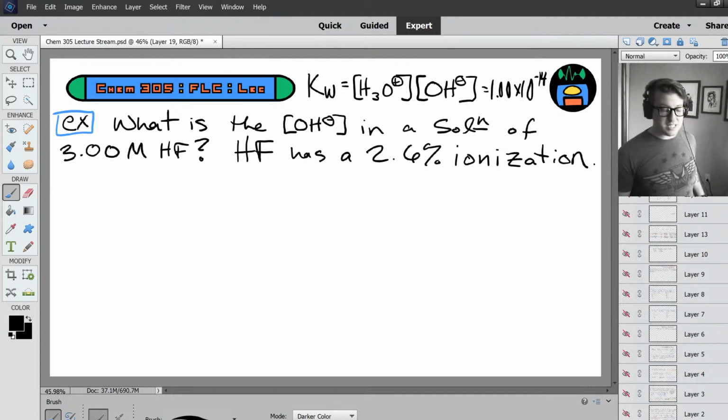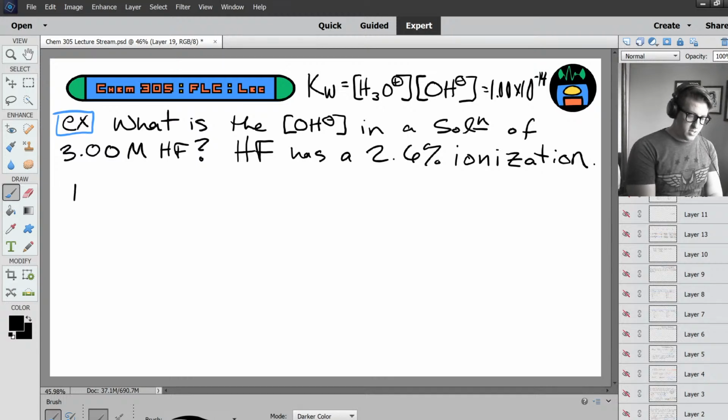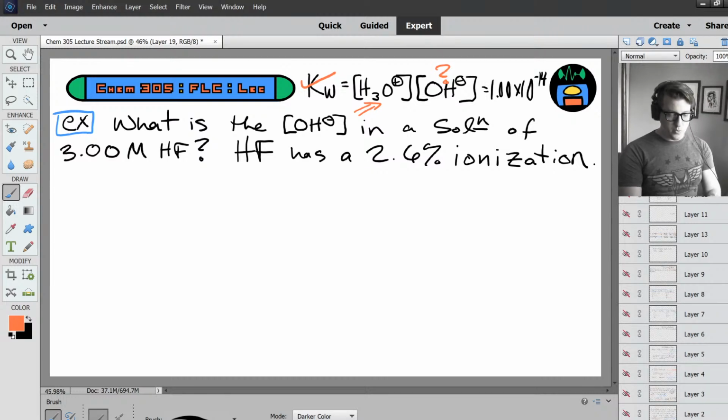All right, so here's the deal. We're being asked about the concentration of hydroxide. So we know on some level that we're going to need the acid ionization constant. We know Kw, but to find hydroxide, we are going to need to figure out what the concentration of hydronium is.